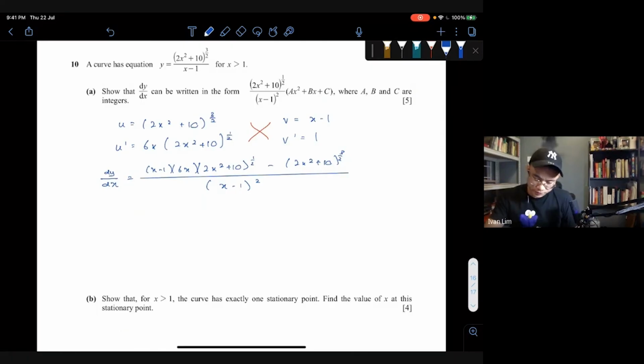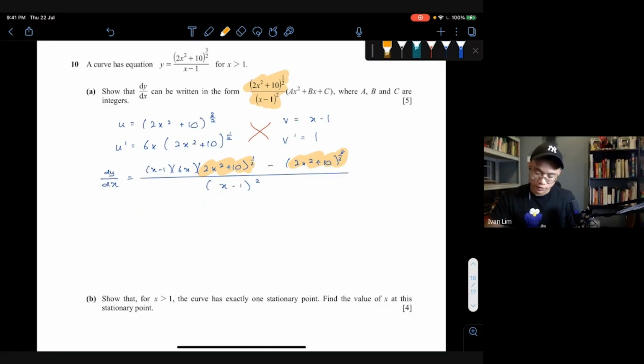So you all just observe this form. They want us to factorize out (2x squared plus 10) to the power of half. So don't go and open up the bracket first. You all see these terms on top, right? You want to factorize out the common term (2x squared plus 10) to the power of half from the numerator. Here and here we have that term.